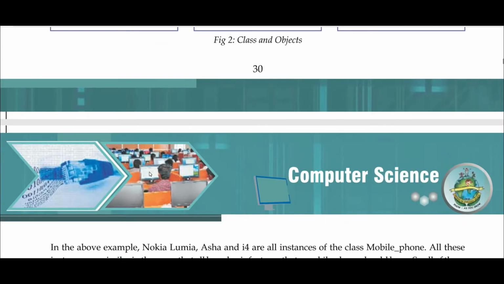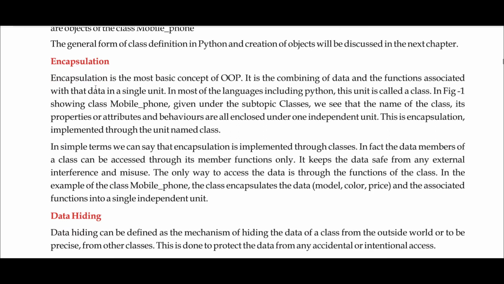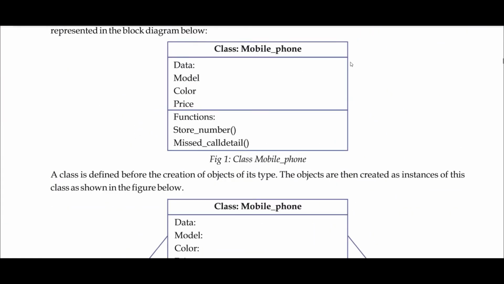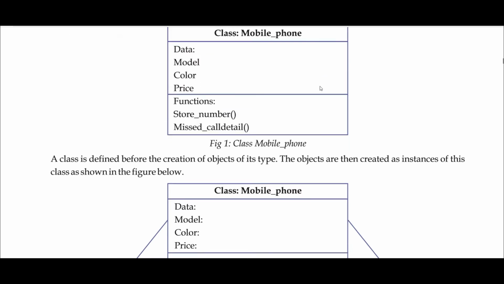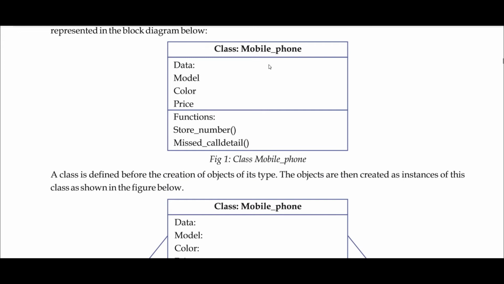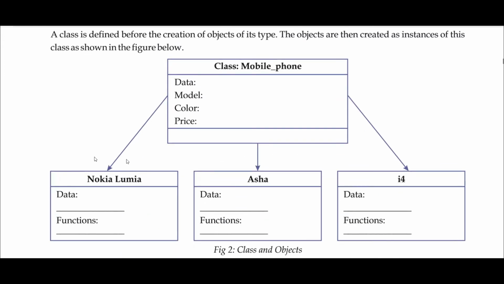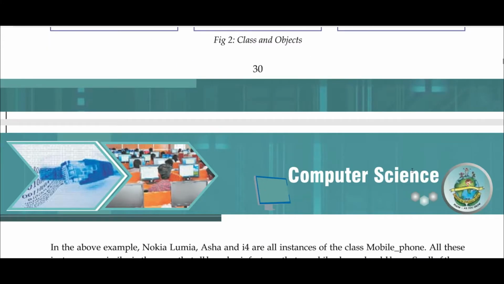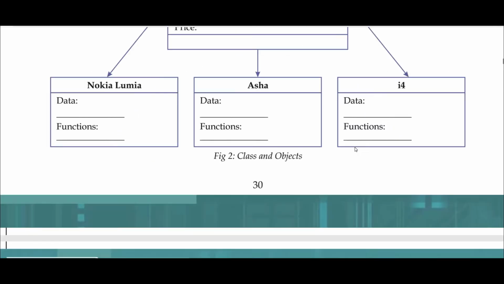What is encapsulation? Encapsulation is basically wrapping up of data into a single unit, that data and those functions. So basically, when you define a class, you do nothing else but encapsulate the entire data. You can see you have wrapped up the entire data here, that is the data members and the functions, into one class, and by redefining this one class, you have created different objects, which have the same property as that of the class.